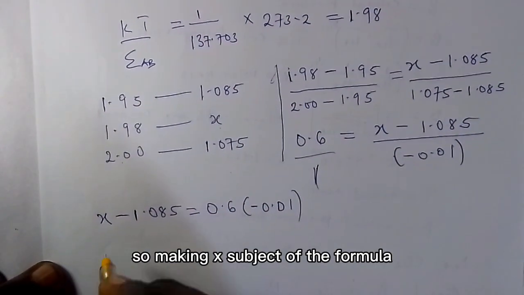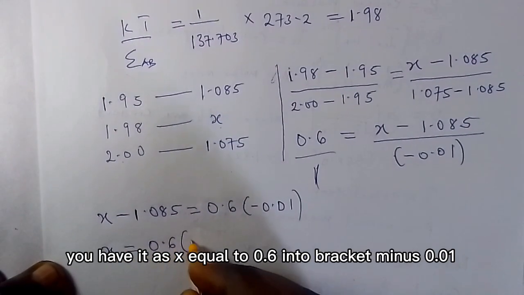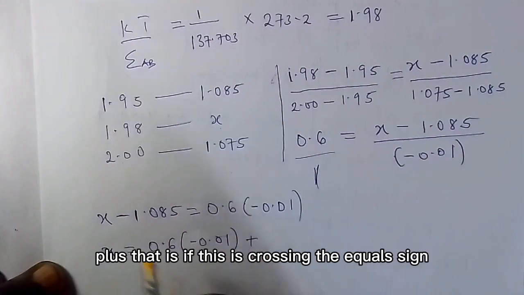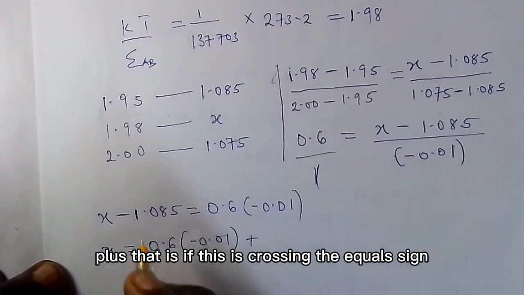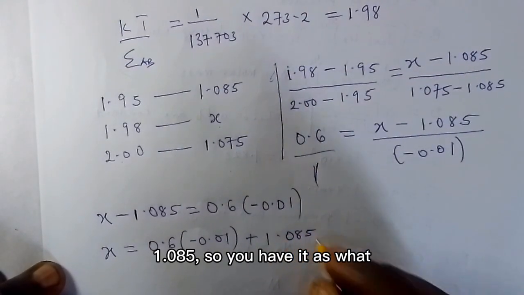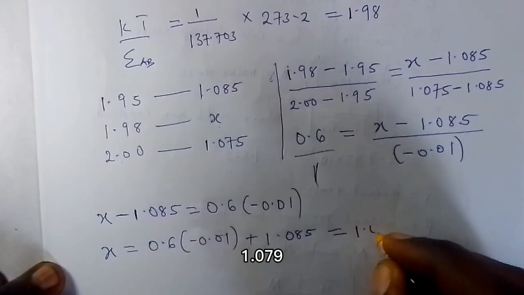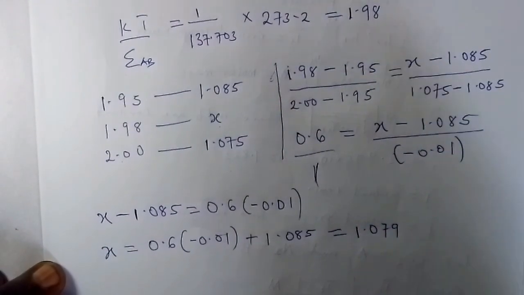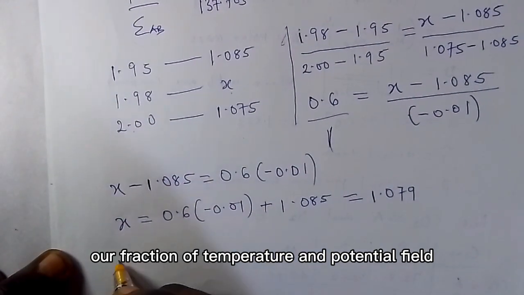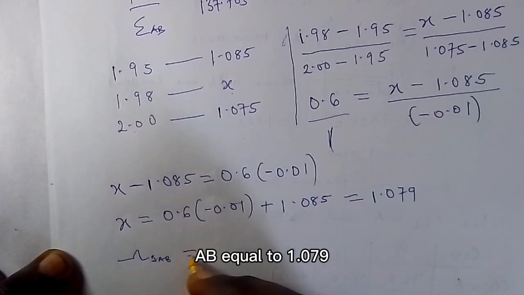So making x the subject of your formula, you have x equal to 0.6 bracket minus 0.01 plus, that is, the equal sign turns positive, 1.085. So you have it as 1.079. We have gotten our fraction of temperature and potential field, which is Ω diffusivity AB, equal to 1.079.